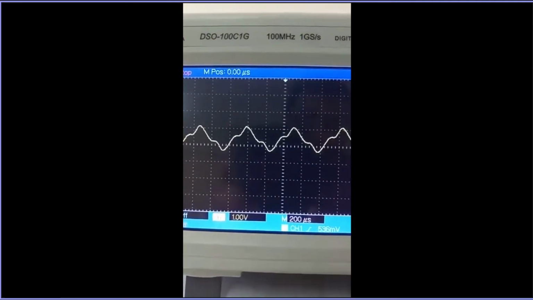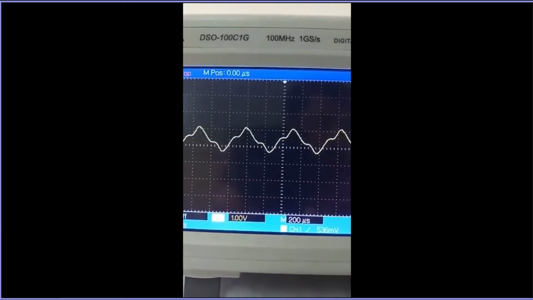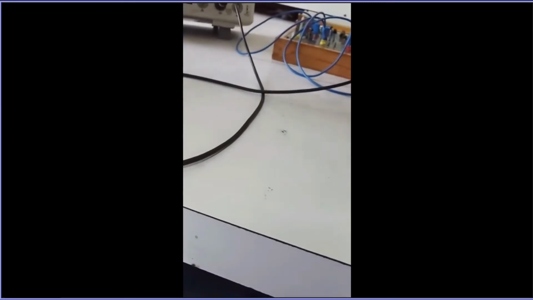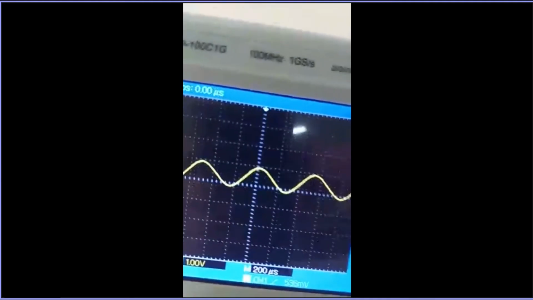However, if we use the fourth order, then we expect a better plot. So we'll check for fourth order also. Because if the filtering improves, then definitely, see, this is the output of the fourth order.